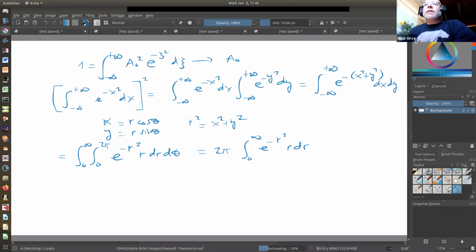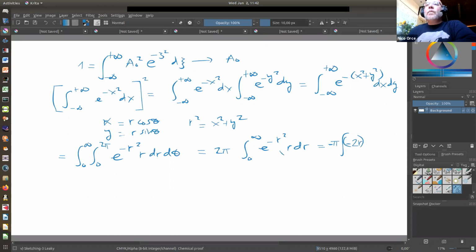We can put the 2 inside. So we have a pi, and we have a 2 inside, but we need a minus 2 to have the derivative of this here. So we put minus 2r, because r is there already, right?